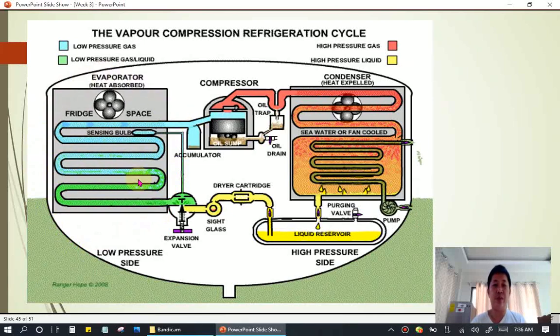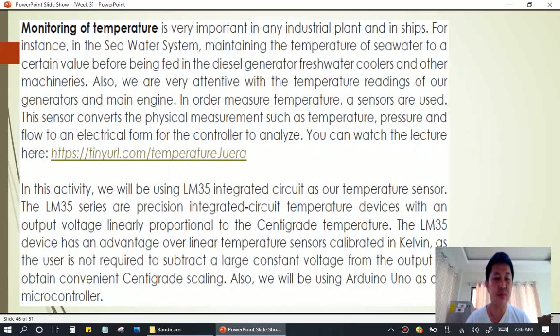Next, monitoring of temperature is very important in any industrial plant and in ships. For instance, in the seawater system, maintaining the temperature of seawater to a certain value before being fed to the diesel generator, fresh water coolers, and other machineries.